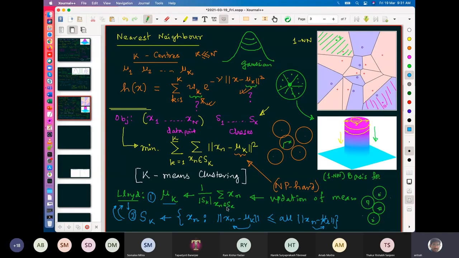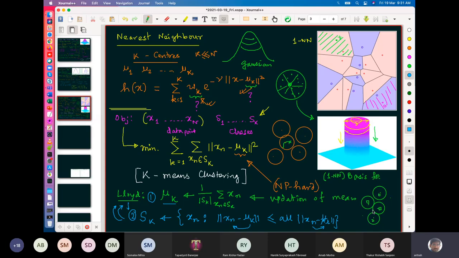Now, this method will obviously converge because your point set is finite. Just listen to this very carefully. Why will this method converge? Because your number of points is finite, number one. And secondly, since the number of points is finite, the number of possible averages or means is also finite. So the switching between the means can be arbitrarily many, but it will not be infinite since your number of points is finite.